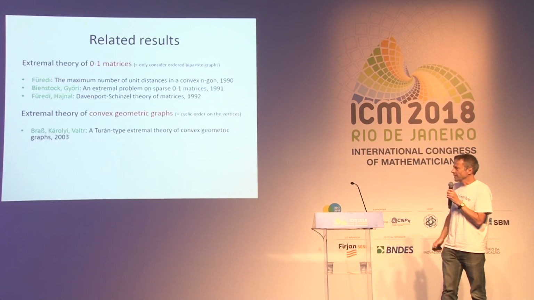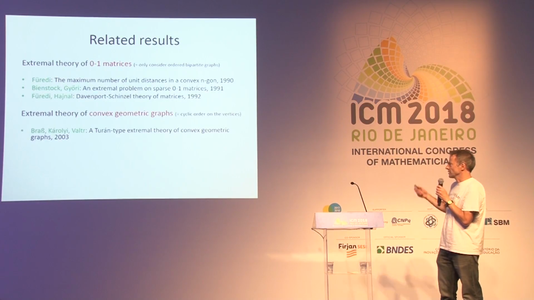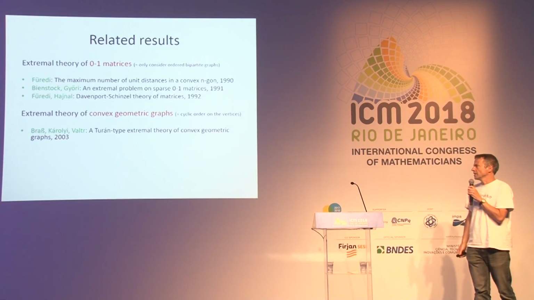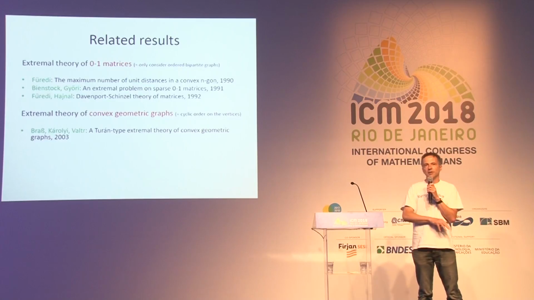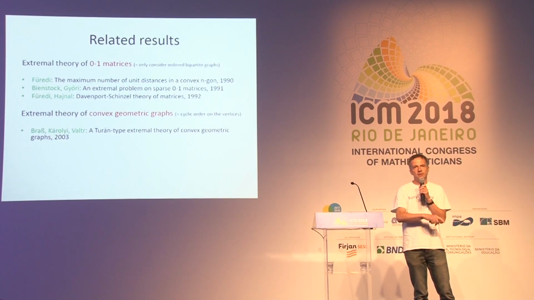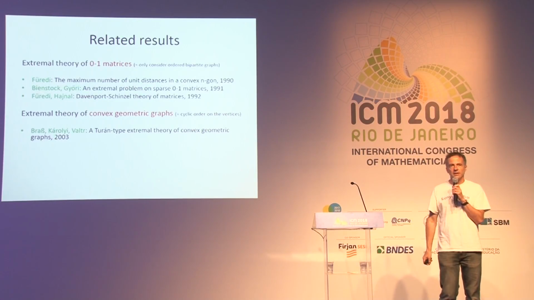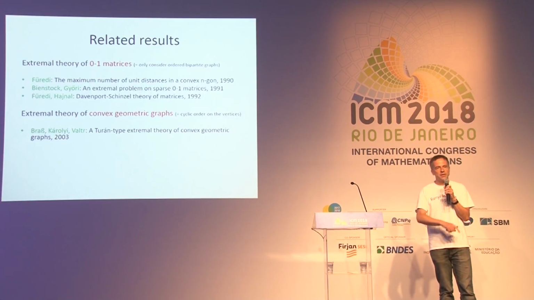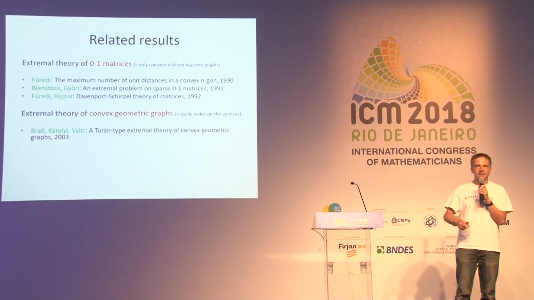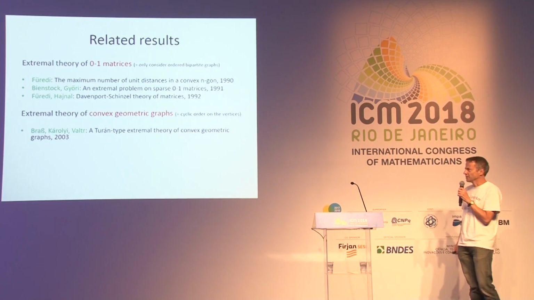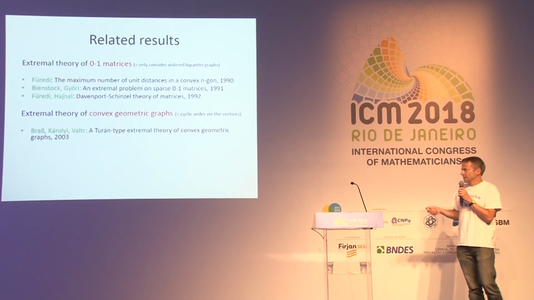Okay, another direction is extremal theory of convex geometric graphs. And that corresponds to, instead of a linear order on the vertices, they consider a cyclic order on the vertices. So they consider this graph to be drawn in a convex n-gon. So an n-vertex graph will be drawn in a convex n-gon, and that gives a structure.